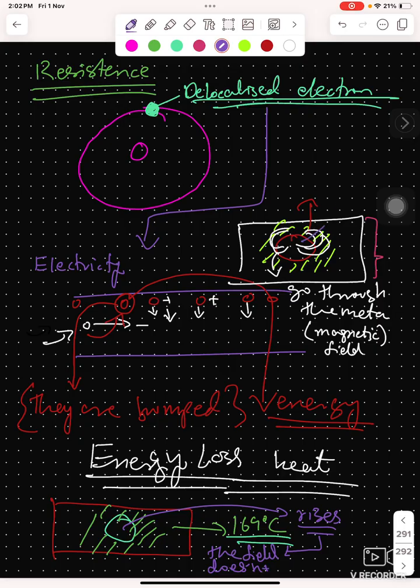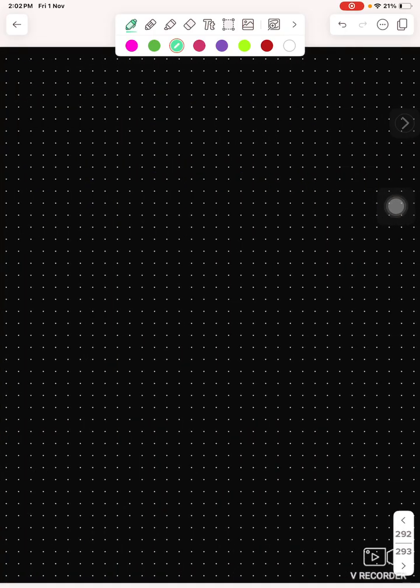At first it went through, but then it doesn't. That's the property of a superconductor: at low temperature energy loss is reduced to a certain point that superconductors start levitating. First let's talk about how we could make such superconductors.